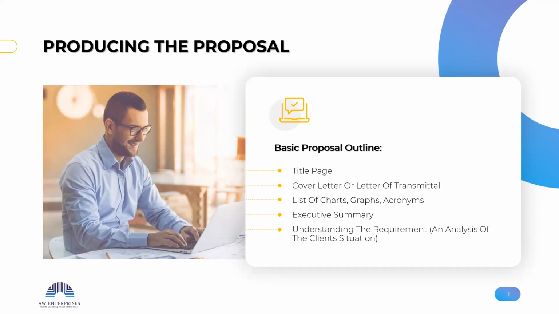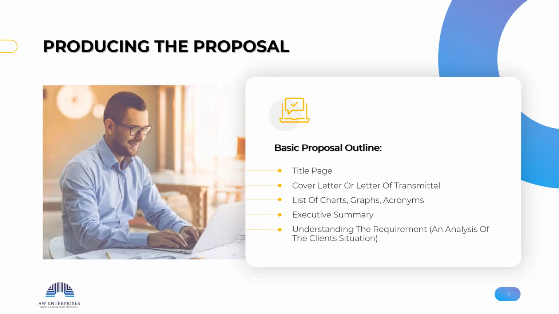And you make your writing assignments, and you're going to decide also how you can portray what you need to say, either through text or using charts, graphs, and acronyms.